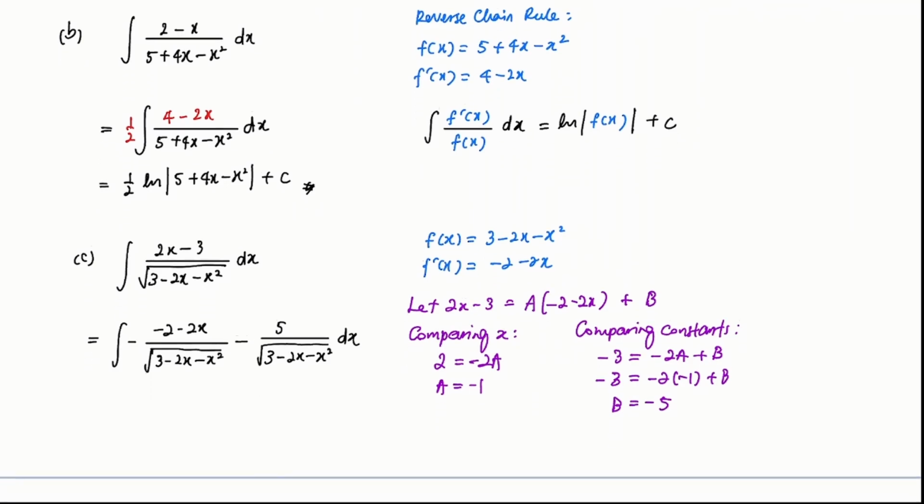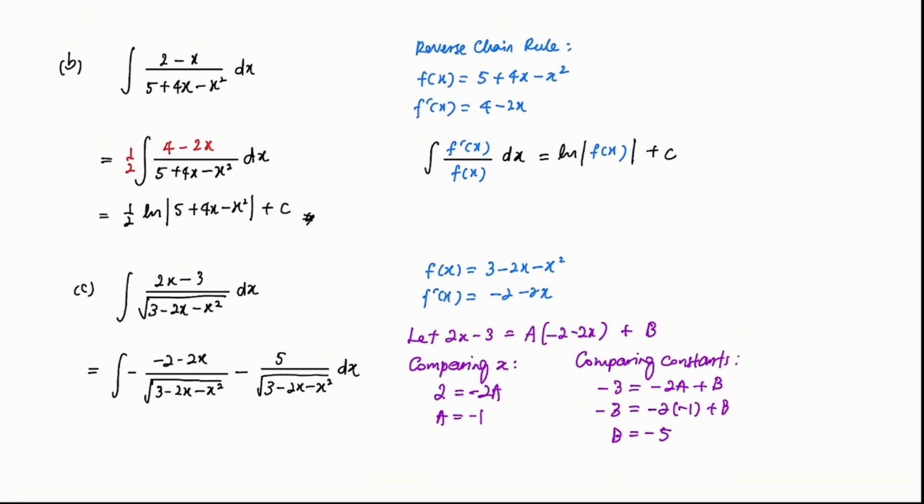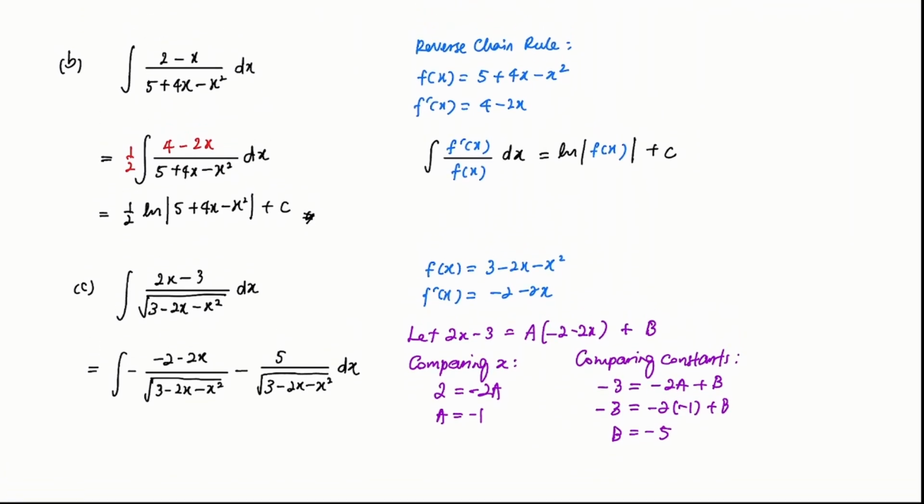So the first one over here is going to be an f and f prime. And the structure, even though this is 1 over, what is the power over here for this square root? Actually, the power is negative half. So the structure that I'm seeing over here is something like this, to the power of negative half.